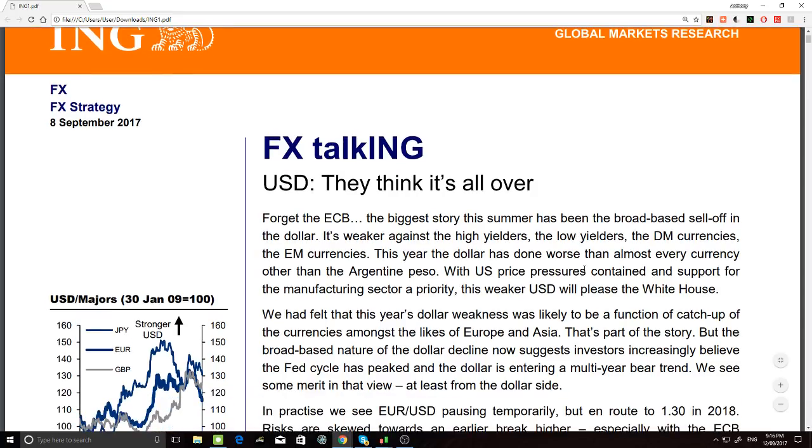So ING is saying here, forget the ECB, the big story has been the broad-based sell-off in the dollar. The week it's been high yielders, low yields, DM currency, all currencies.